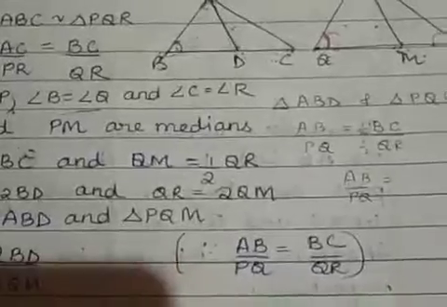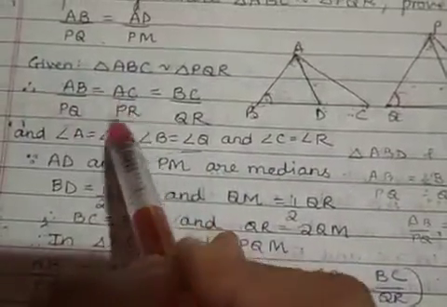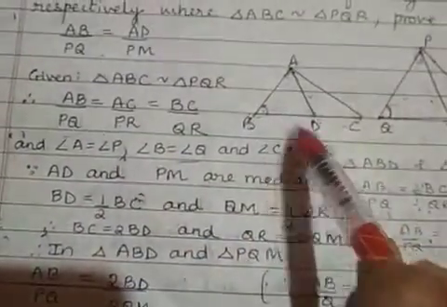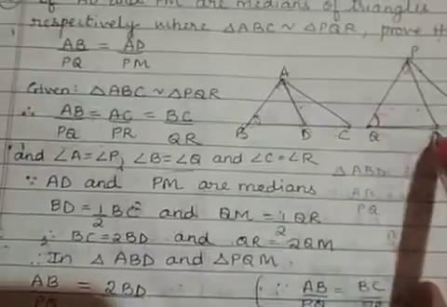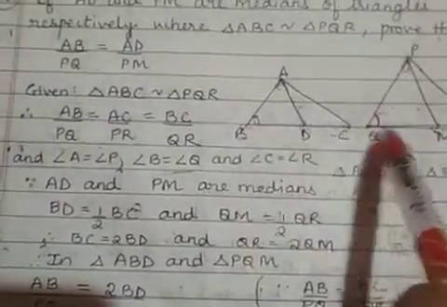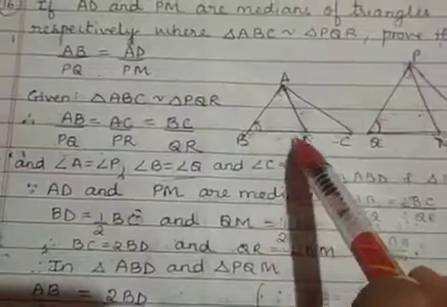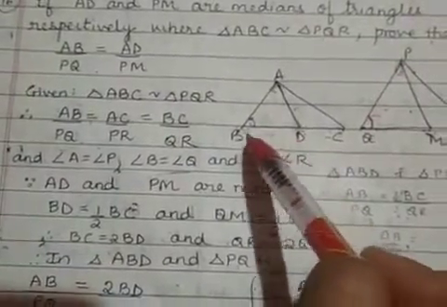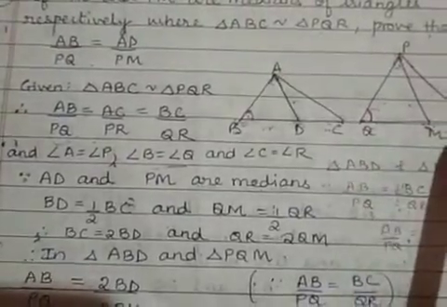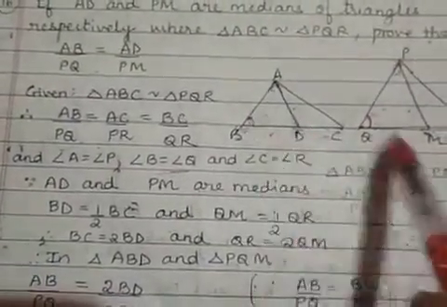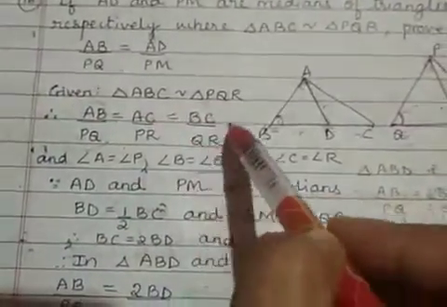We know that. So from here I can take AB upon PQ and BC upon QR. Why am I taking that? Because I know this is a median. So from these two sides I can get this side, because BD is half of BC and similarly QM is half of QR. So I am taking this and this ratio.